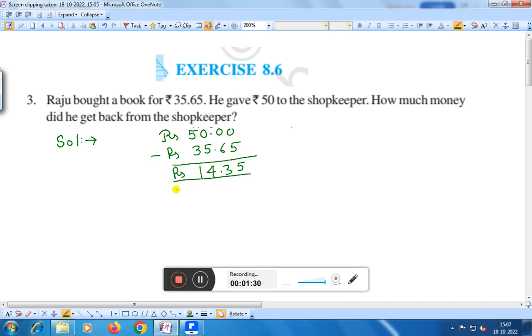What was the question? The question is how much money did he get back from the shopkeeper? Therefore, the answer would be he got back rupees 14.35 from the shopkeeper.